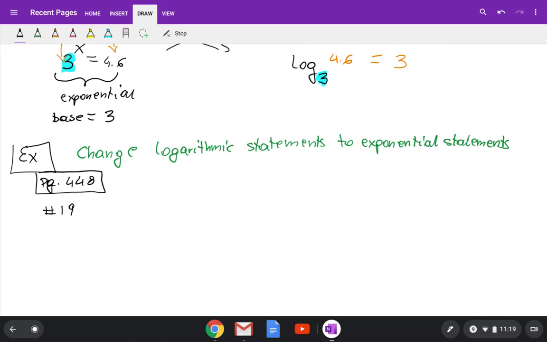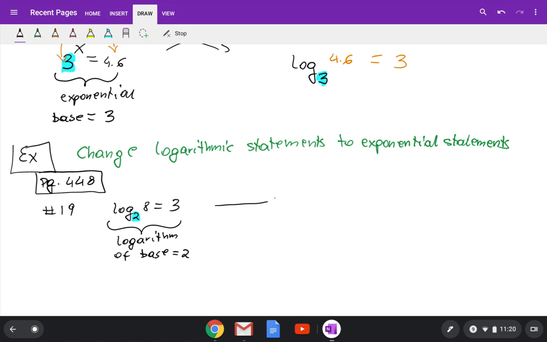So here we're doing the opposite. They give you the logarithmic function first. You have the logarithmic function of base 2 of 8 equals 3. So you have a logarithmic function of base, and the base is always that index right here, base 2.